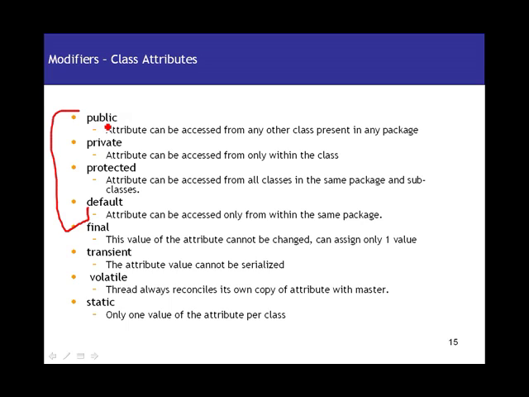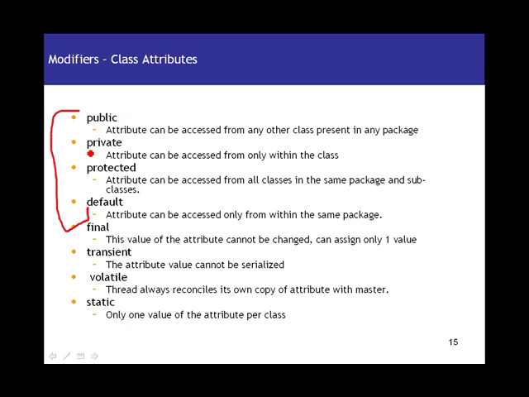Next, private. Private means I can only access this particular instance variable from within my class. No class outside this class can access the value of an instance variable declared as private. Protected has a special meaning.